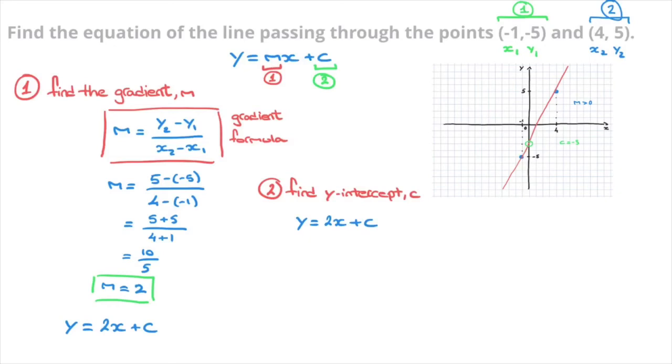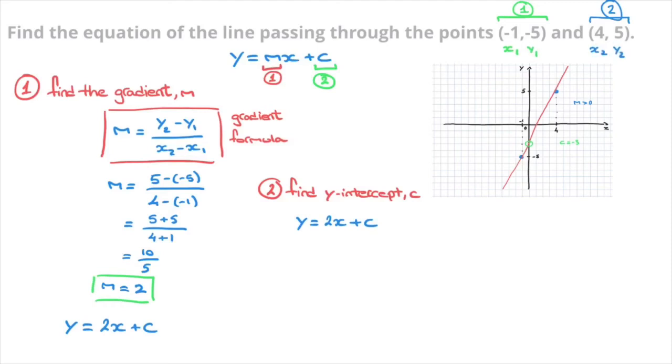Now we choose either one of the 2 points that we were given in the question. That is, we choose either (-1, -5) or (4, 5). And it actually doesn't matter which of the 2 points we choose, but it is worth making our lives as easy as possible. So looking at these 2 points, we need to ask ourselves, which of the coordinates would we rather work with?